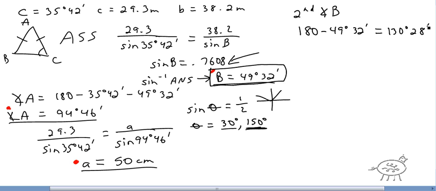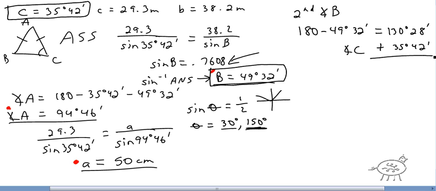Now this is the deal. This is a really, really important step: I need to know if that is a possible value. See this first value here? That's a given value of C. So this is angle C. If I add angle C, 35 degrees 42 minutes, to this, I get 166 degrees 10 minutes.